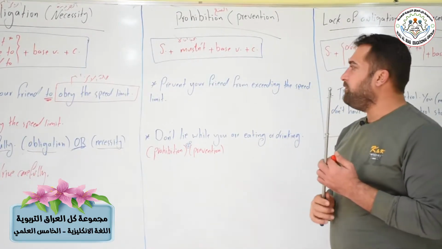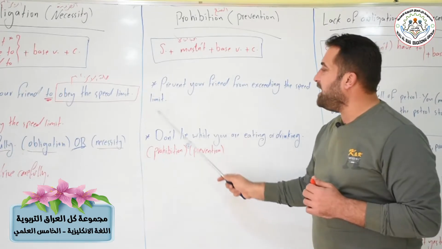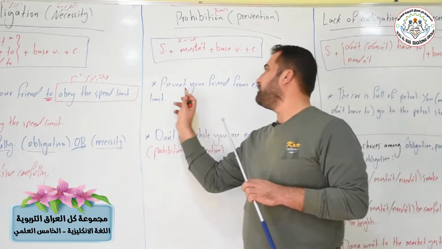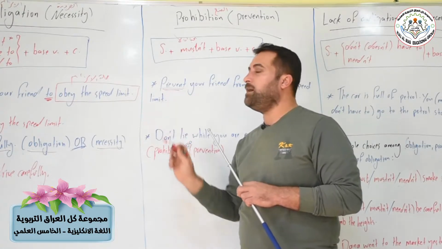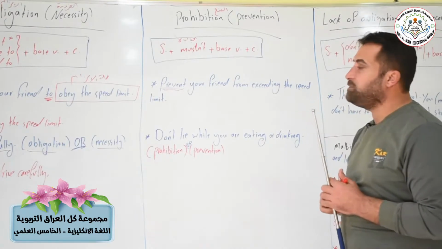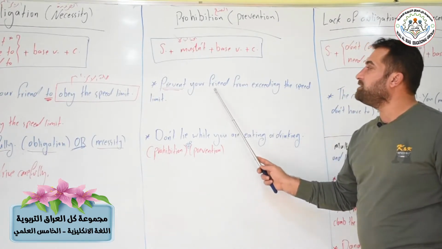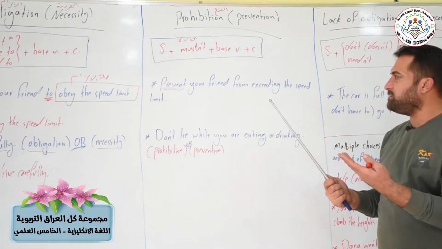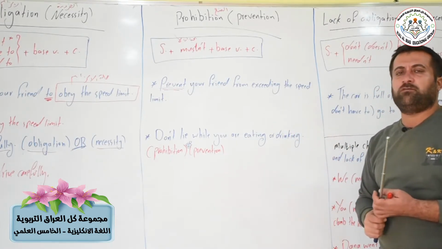The forms of a question, صيغ الأسئلة. Prevent. This is an order, هذا أمر. Prevent your friend from exceeding the speed limit, امنع صديقك من تجاوز محدد السرعة. Where is the sentence of prohibition or prevention?